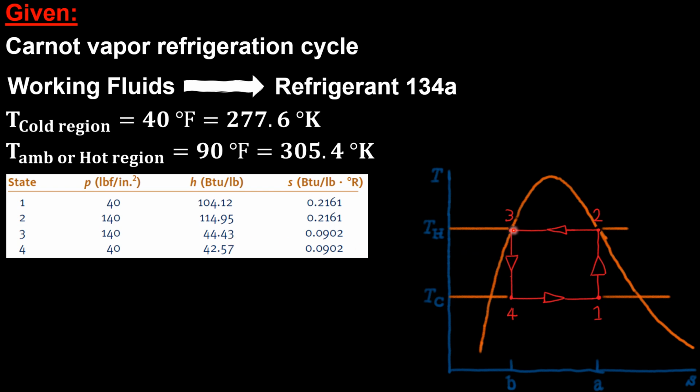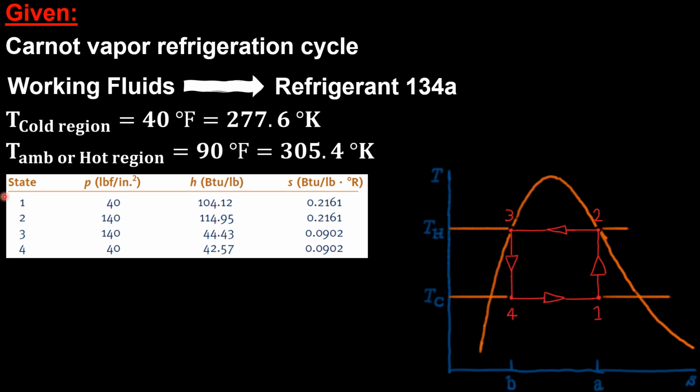And then from state 3 to state 4, in this Carnot vapor refrigeration cycle, we have a turbine. So from 3 to 4, the turbine reduces pressure and reduces temperature. As you can see, the pressure is 140, and the turbine reduces the pressure to 40, and it uses it to produce work. So the energy content of the fluid decreased from 44.43 to 42.57.